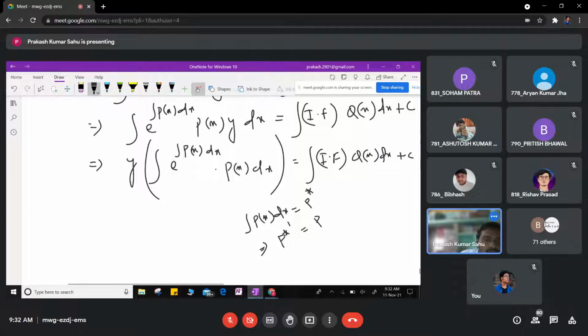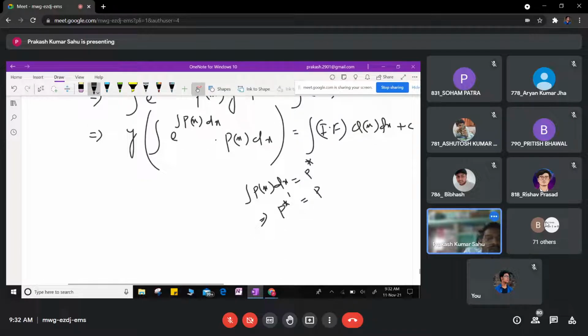So now you substitute here, so I can write this y into e to the power p star into px dx, this is the integration we have to evaluate, okay. The right hand side you write.